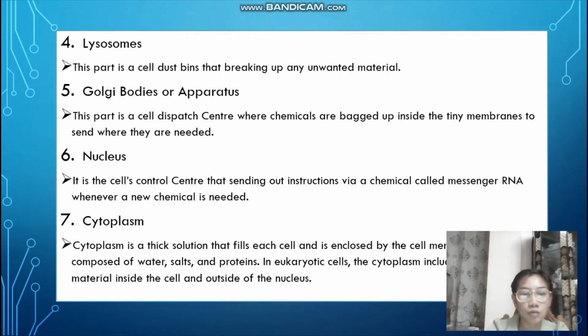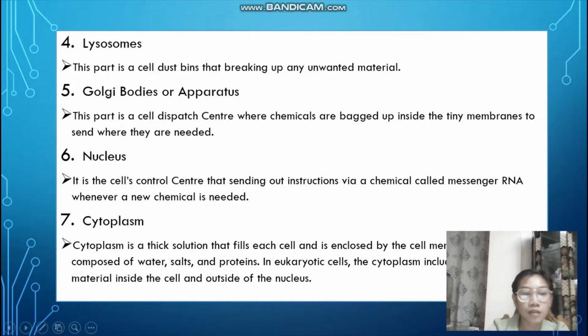Next is the lysosome. The lysosome is the part of a cell that breaks up any unwanted materials. And next is the Golgi body or the Golgi apparatus.